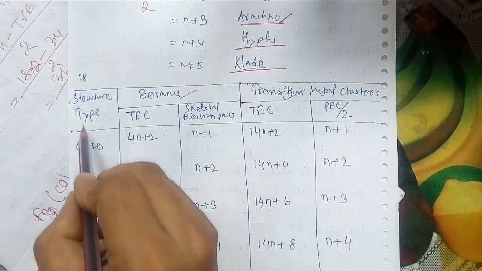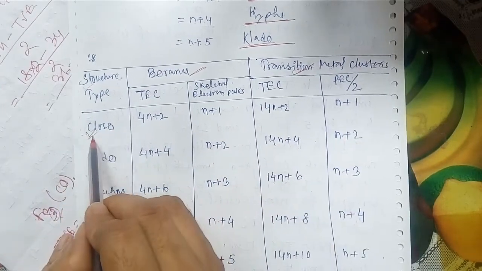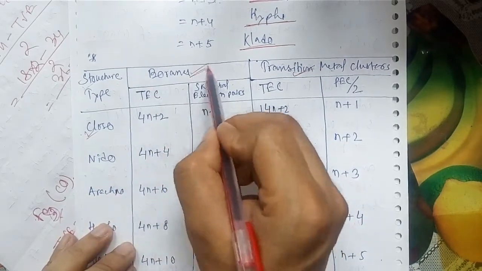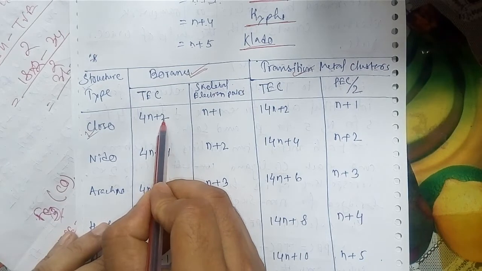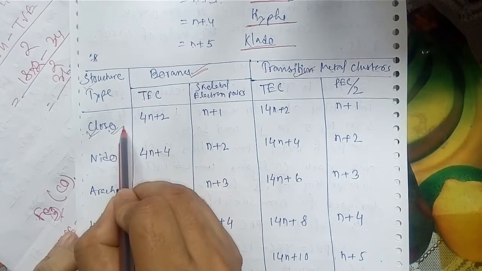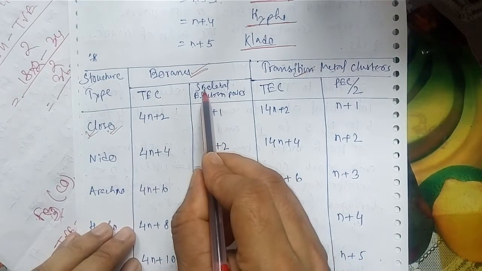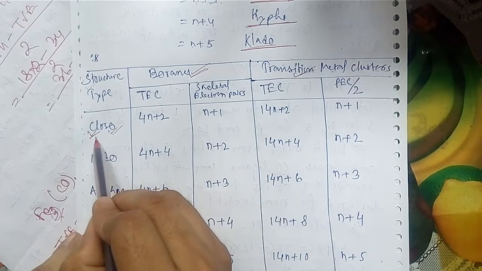For closo in boron, the total electron count is 4n plus 2, so you call it a closo structure, or skeletal electron pairs n plus 1, closo.